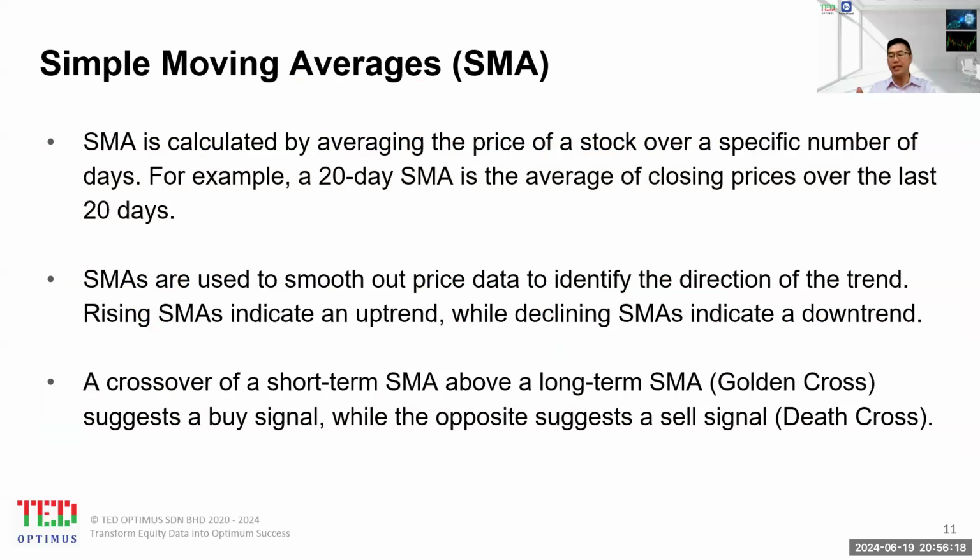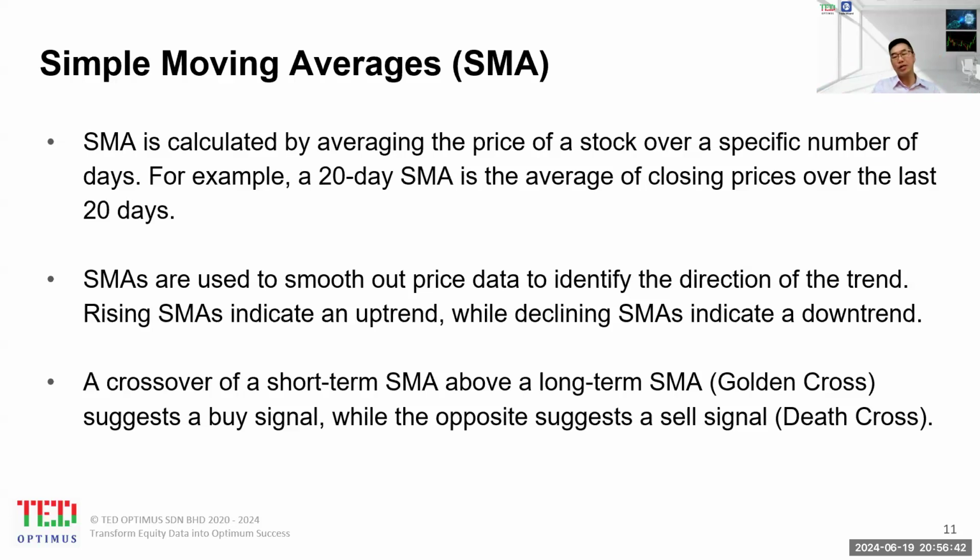You just add up 20 periods of the price and then you divide by 20. So this is a 20 simple moving average. Actually, this is a simple average. You call it moving because when you calculate the first 20 periods, this is the average.